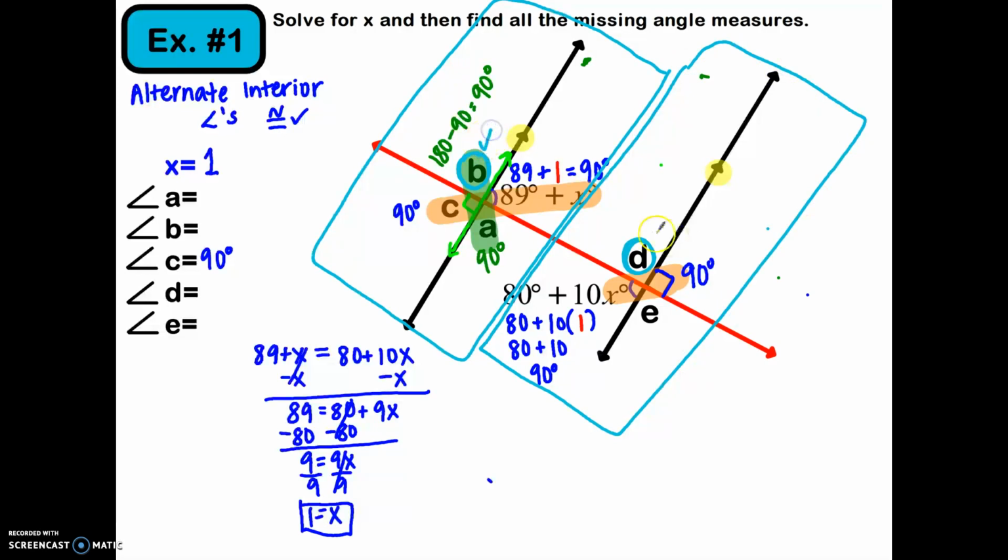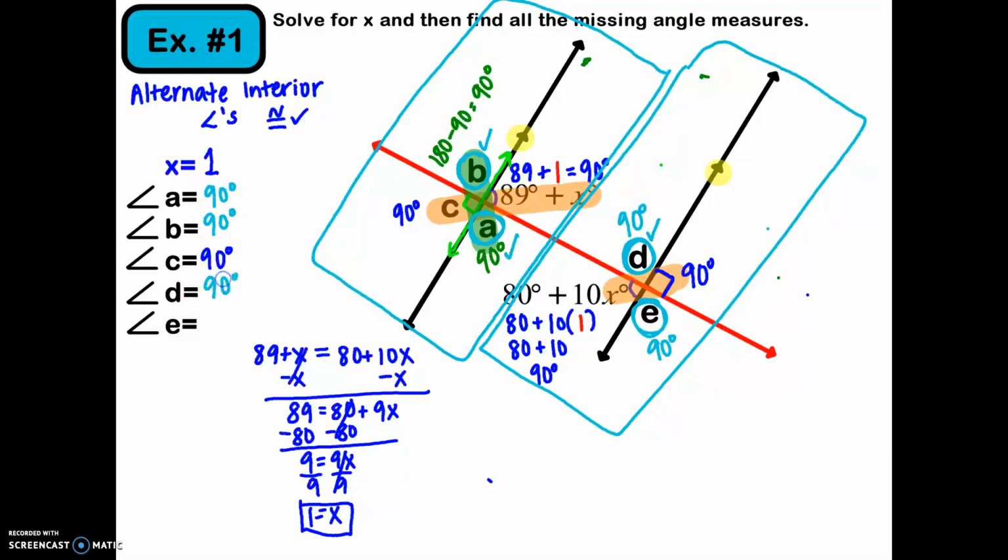They're in the top of both of those intersecting lines, which means they are corresponding, and corresponding angles are also congruent. So if B is 90 degrees, D is 90 degrees. And if A is 90 degrees, the corresponding angle to A is angle E. So if A is 90 degrees, E has to be 90 degrees. So I've basically calculated that every single one of these angles is 90 degrees.